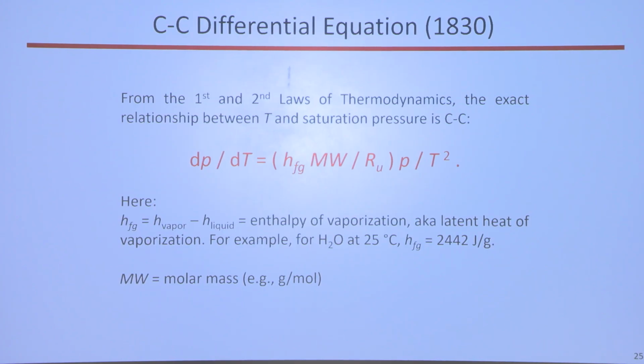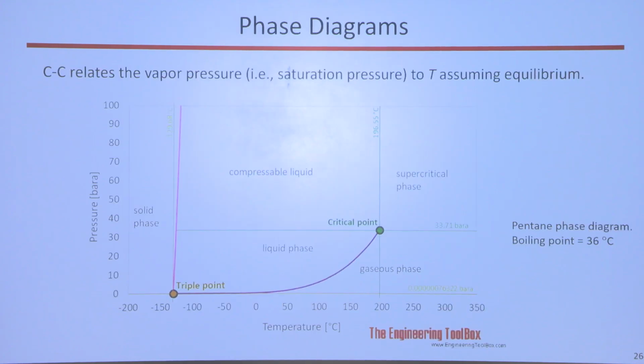So the parameters are shown there. If you have a computer, you can solve this exactly, and what you basically want to know is, for a given temperature, what's the partial pressure of that saturated fuel. But we can approximate this and integrate by separating variables, as I'll do on the next slide.